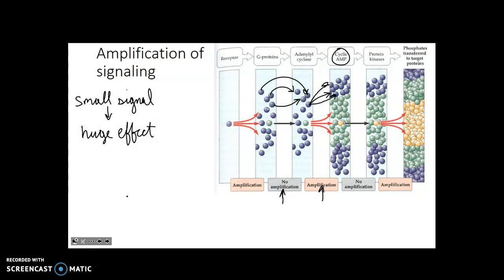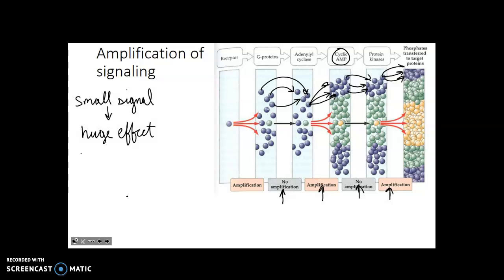Okay? Now, in the next step, we have no amplification, where again, we've got a 1-for-1 ratio, as each of those molecules of cyclic AMP activates a kinase. But in the very last step, again, we amplify, where one of these kinases can transfer many phosphates to target proteins, right? So this might activate this one and phosphorylate it, and this one. So a lot of phosphates being transferred. So we've amplified our signal.